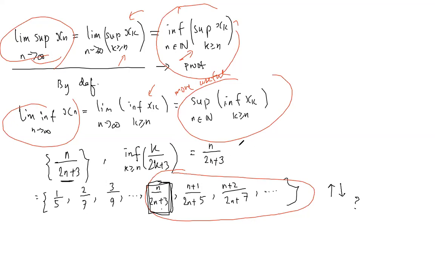And when you talk about the supremum of k over 2k plus 3, the supremum will be this part towards the tail. So it will be 1 over 2.